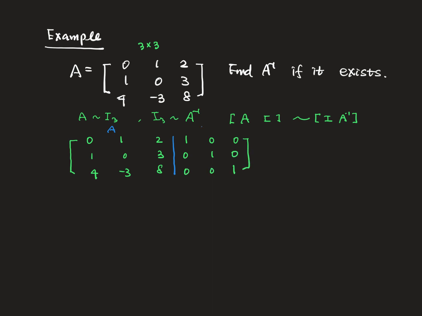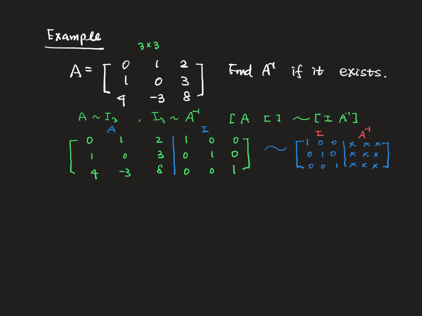We reduce the augmented matrix using row operations. The left side is going to become 1, 0, 0, 0, 1, 0, 0, 0, 1, and the right side is going to be A inverse. That's what we have to do, guys.